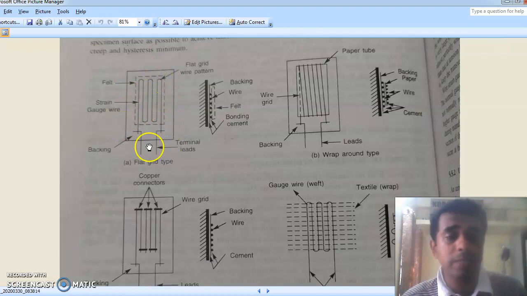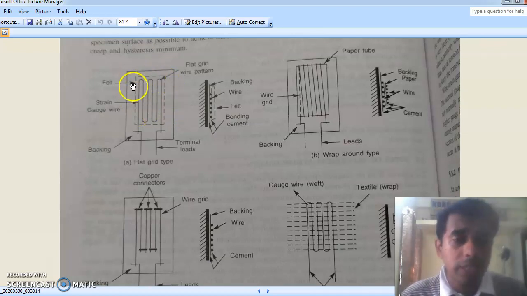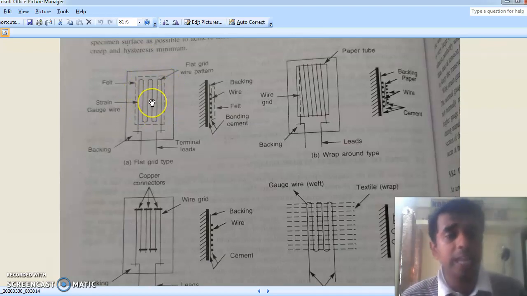This is some backing or support which will take the strain from the specimen. So this backing will absorb the strain from the specimen.